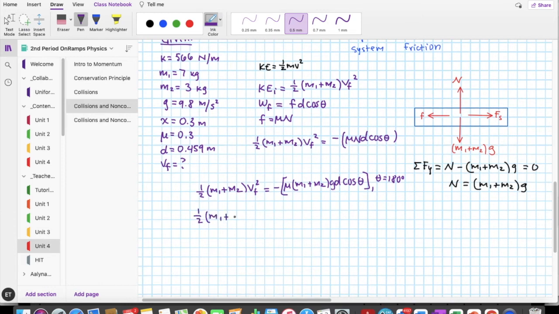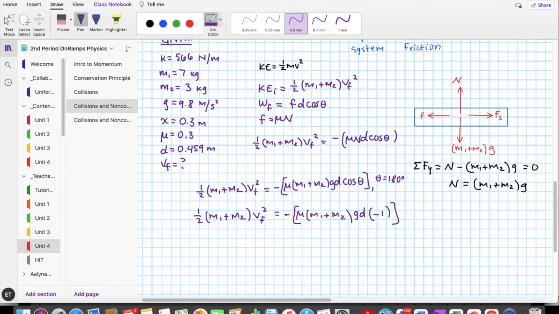So we have (m1 plus m2) v final squared equals negative coefficient of friction, (m1 plus m2), times acceleration due to gravity times distance times -1.